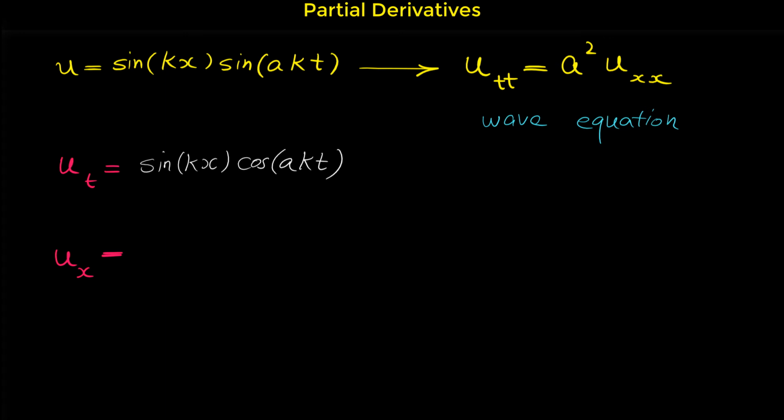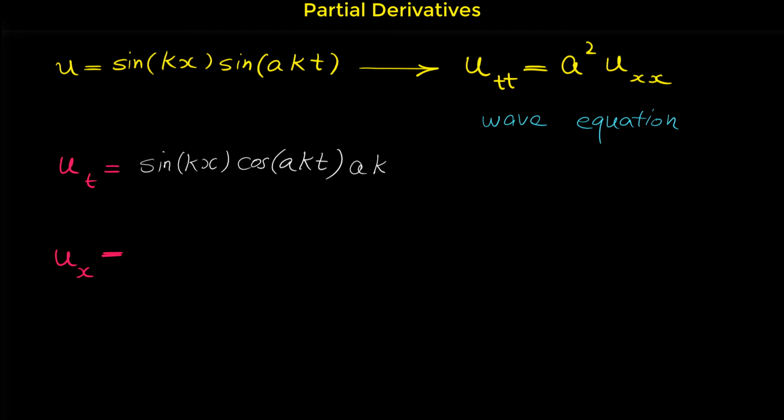But don't forget, you have to multiply this by the derivative of the inside. The derivative of sine is cosine, but based on the chain rule, we always have to multiply by the derivative of the inside. What is the derivative of akt with respect to t? a and k are constants, and so the derivative of akt with respect to t is ak.